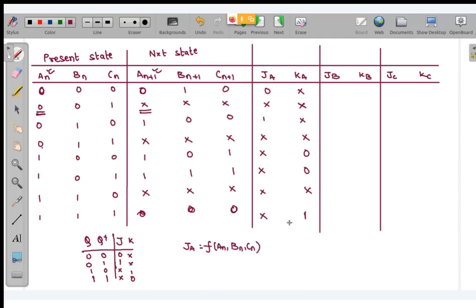One of you solve this one, another solve this one, and one of you solve JC, KC. I will just be filling in, and you will be telling me the inputs. For this one, we need to look at this table and this table. So 0 1 corresponds to 1, don't care.